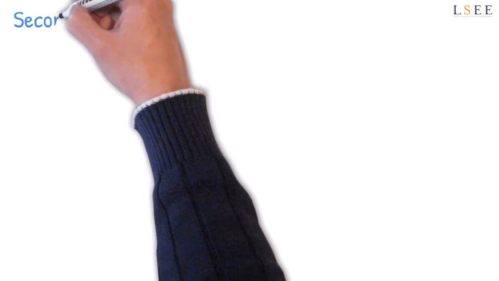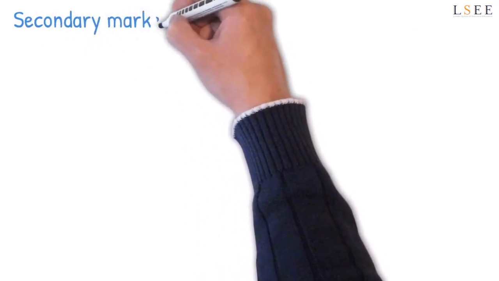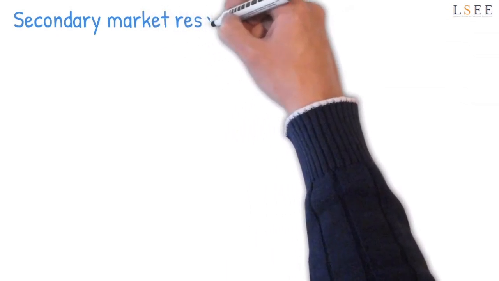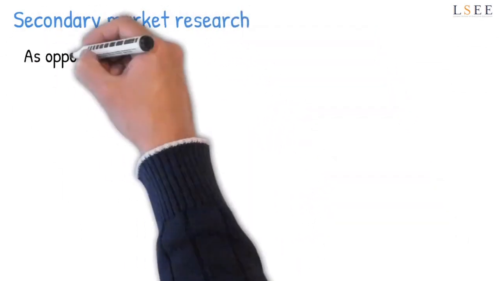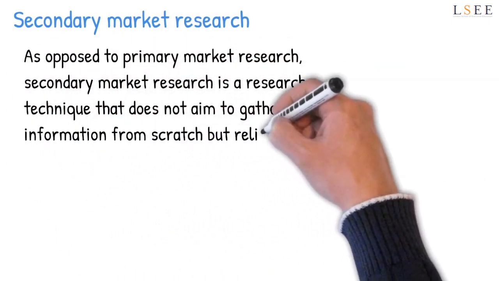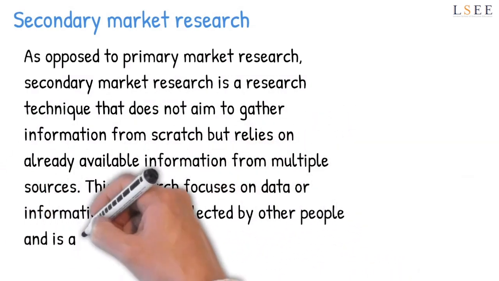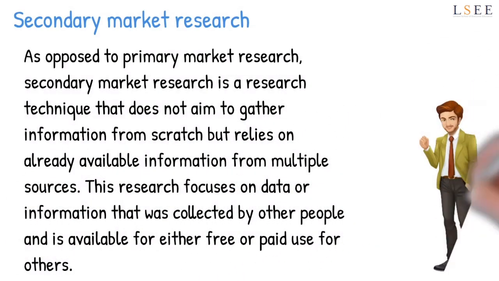Secondary market research. As opposed to primary market research, secondary market research is a research technique that does not aim to gather information from scratch but relies on already available information from multiple sources. This research focuses on data that was collected by other people and is available for either free or paid use for others.